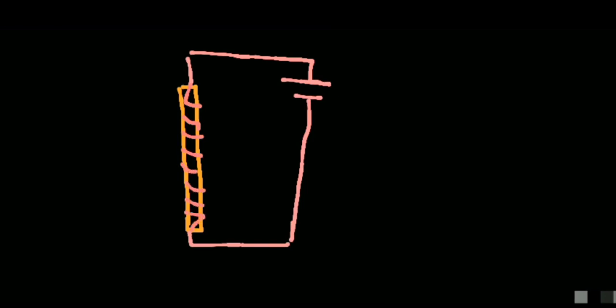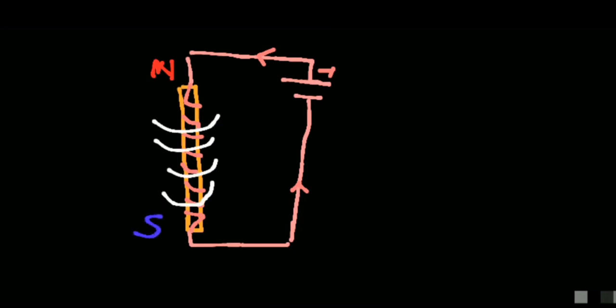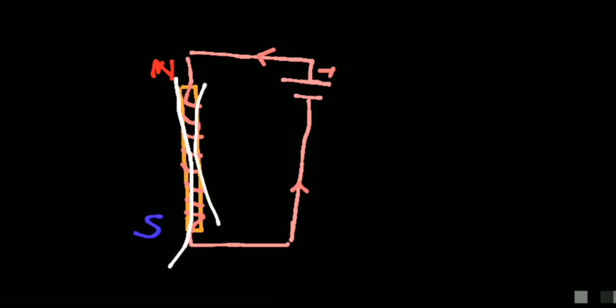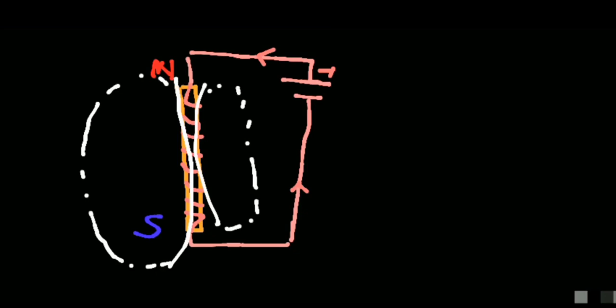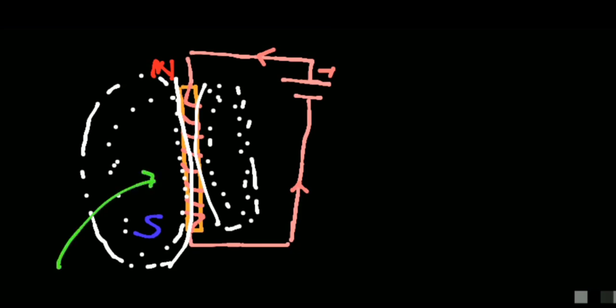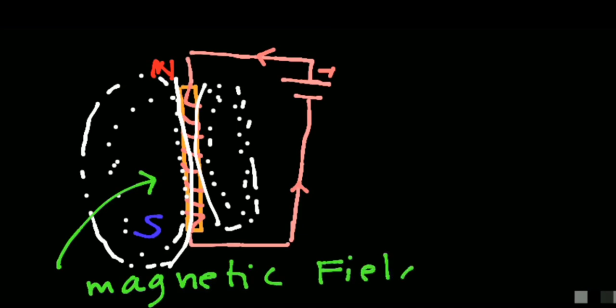It's obvious that if we allow the current to pass, there will be a magnetic field created, which will create a north and south magnet. This magnetism is created due to the presence of current, and this region is known as magnetic field, outside the coil and inside the coil.